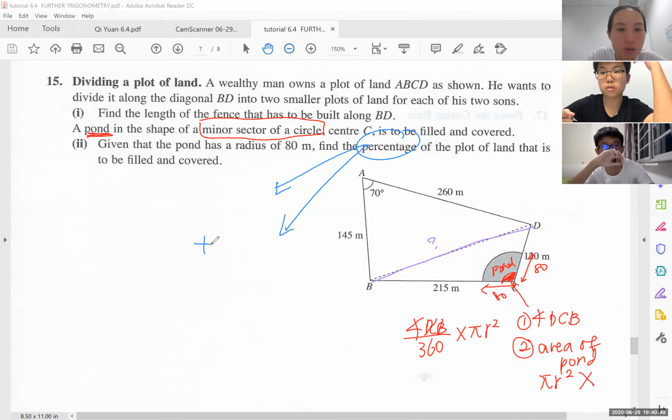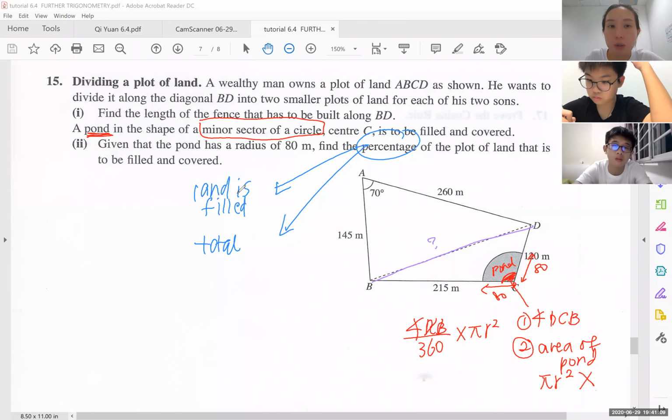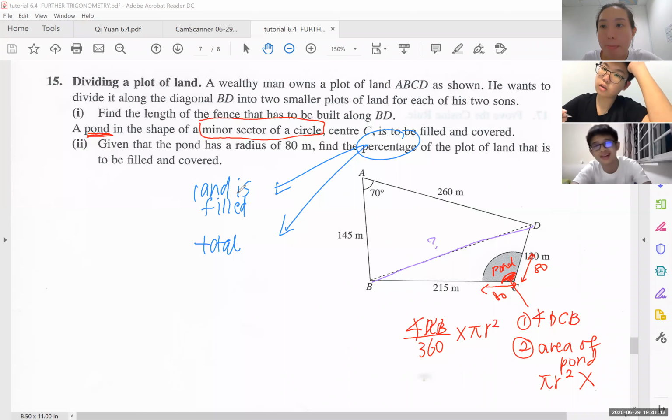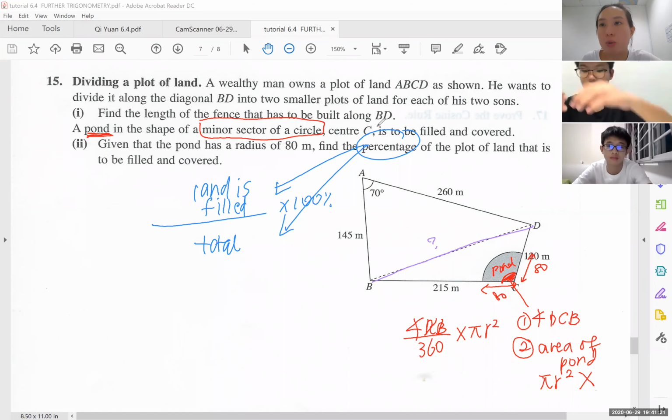What else? Yes, the land that is filled. Then what do you do now? You take the land that is filled over the total, times 100%. Finish, done. So that's how you do number 15.